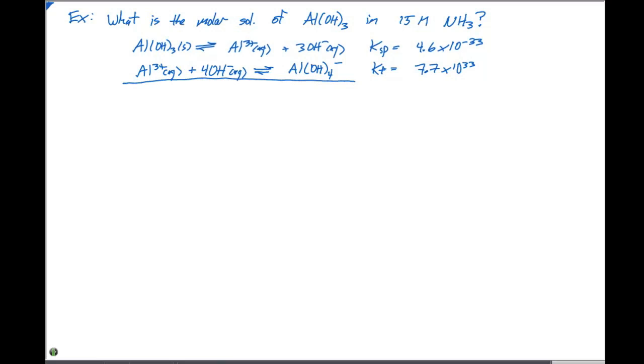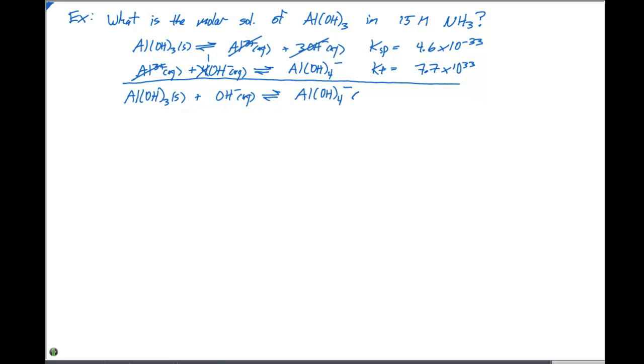So this is going to give us an overall expression. We notice that Al3+ is both a reactant and a product in this overall equilibrium expression. So we have Al(OH)3 as a solid, plus we have 3 hydroxides as a product and 4 as a reactant. So it's going to be plus 1 OH- ion in solution, in equilibrium with Al(OH)4-.